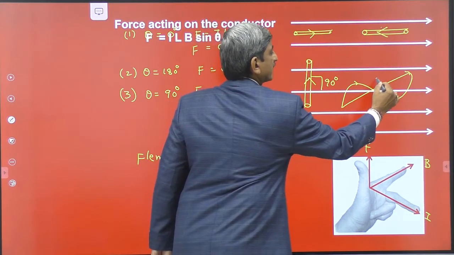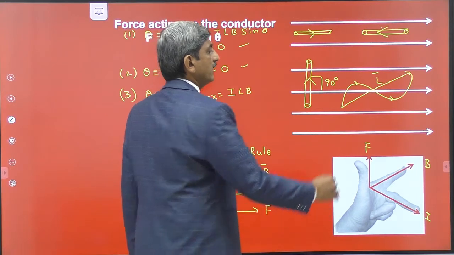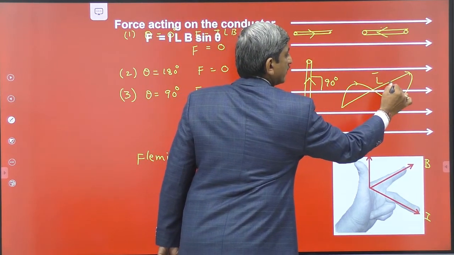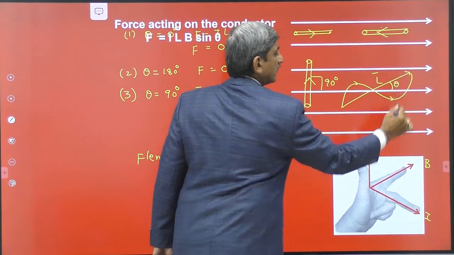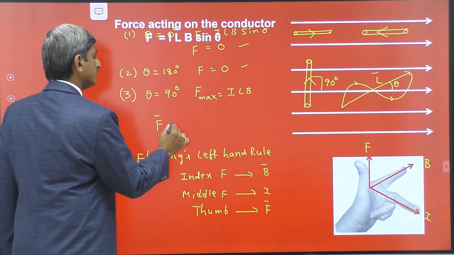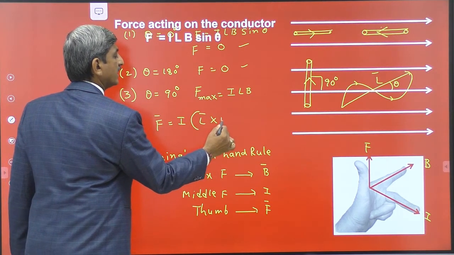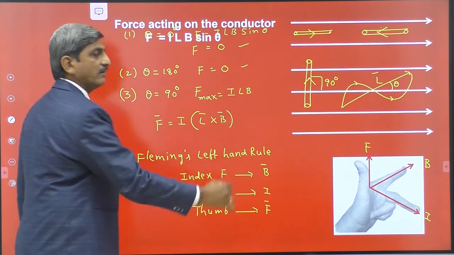This vector gives L bar, and the angle between this L bar and B bar gives the theta value, and by using the cross product, F bar is equal to I times L bar cross B bar, we can determine the force.